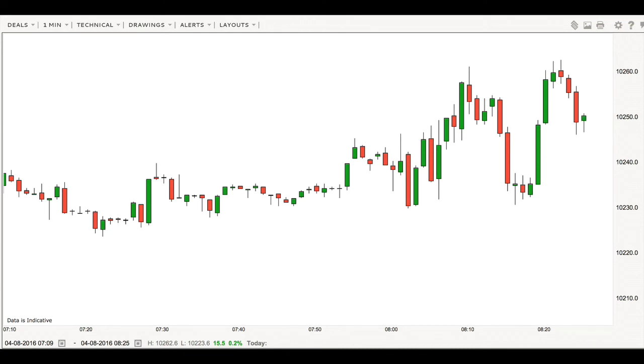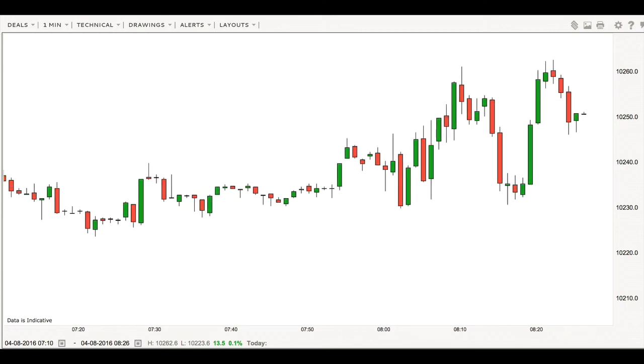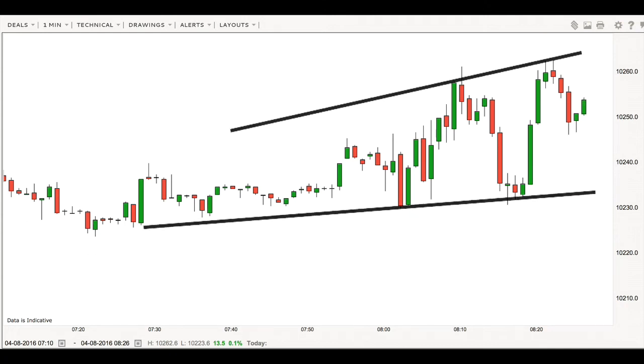Now, when price is within a wedge, or within a triangle shape, you judge a wedge or a triangle by the boundaries of the range. When it's in that type of formation, what you're looking for is price to be rejected somewhere in the middle of the range.